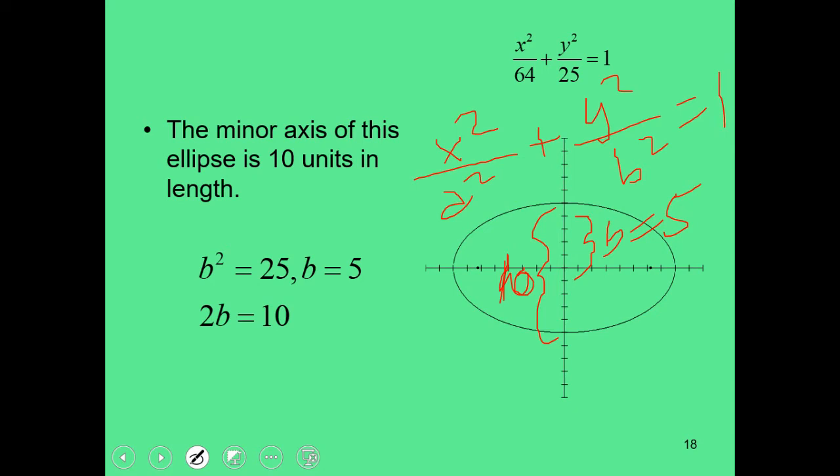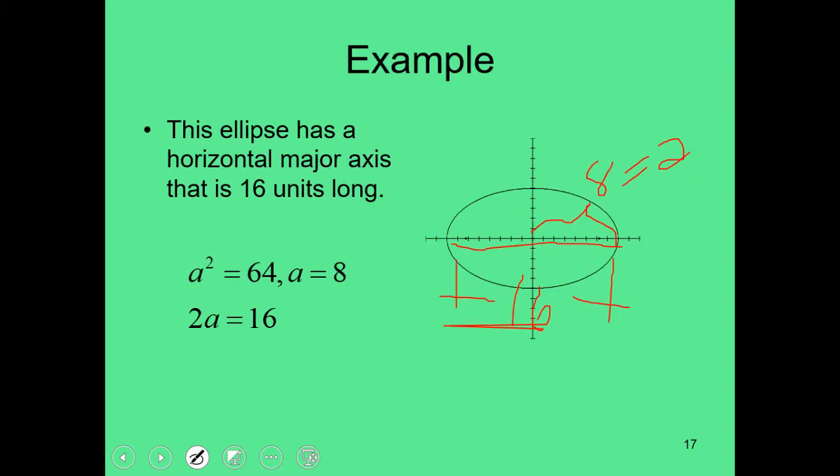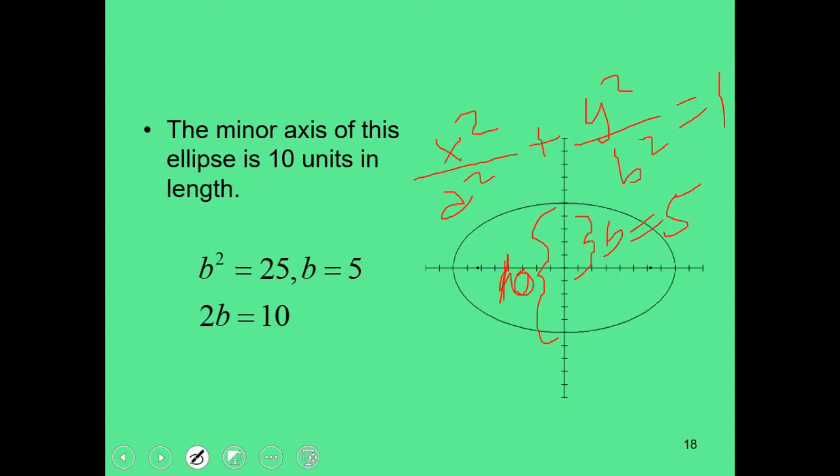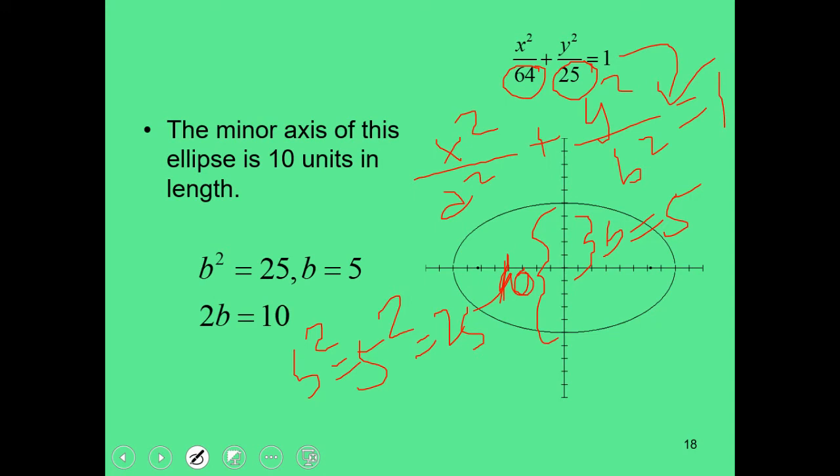So ang imong a squared, kay a nga 8, 8 squared is 64. So butangan nato diri 64. Ang imong b is equal to 5, square, so that is 25. So mao ni ang atong standard equation.